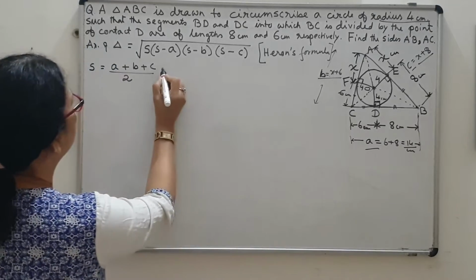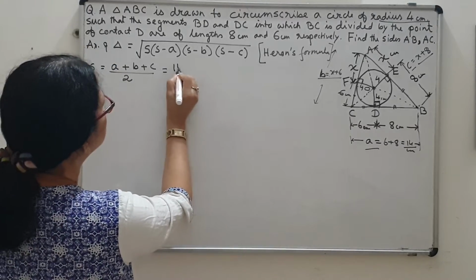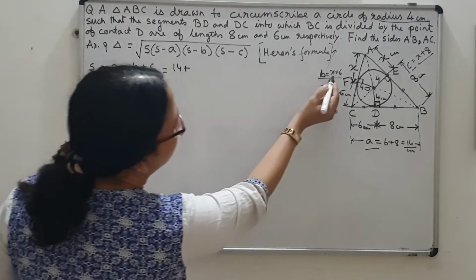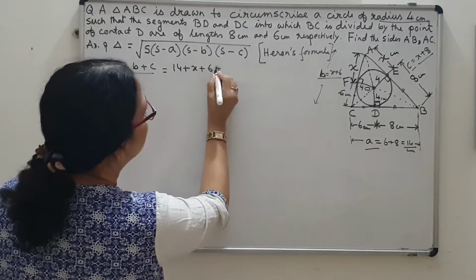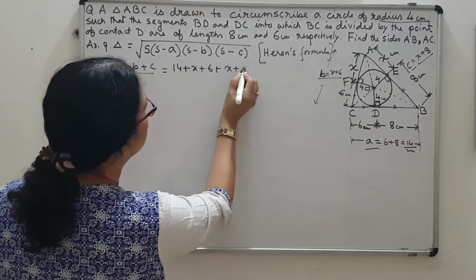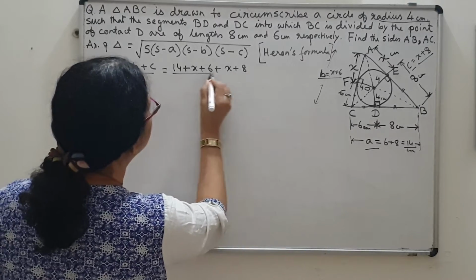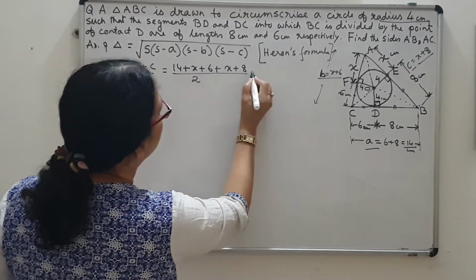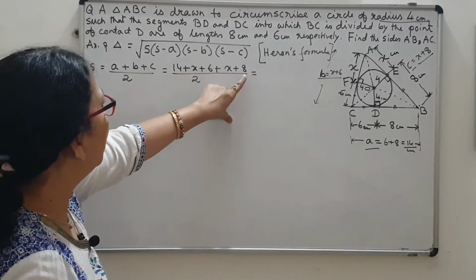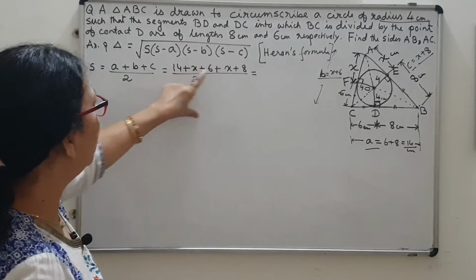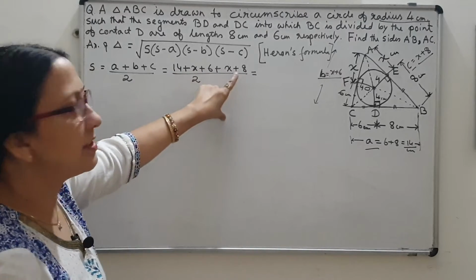So let me put the values. a is 14, b is x plus 6 and c is x plus 8, divided by 2. Now if you observe, 6 plus 8 is 14, there is another 14, so 2 14s are there and 2 x's are there.